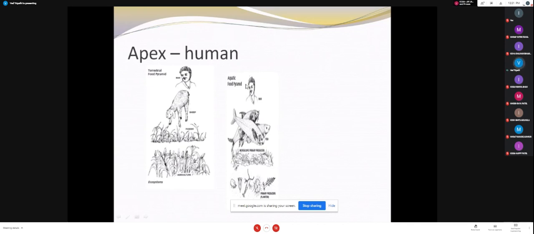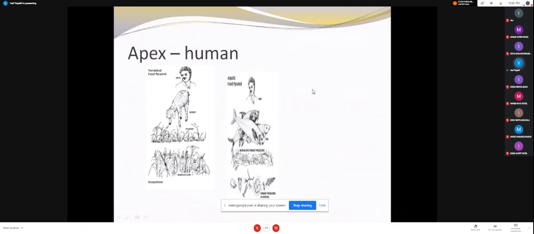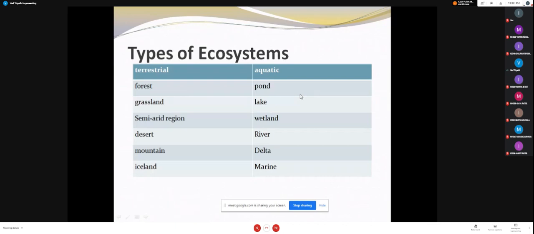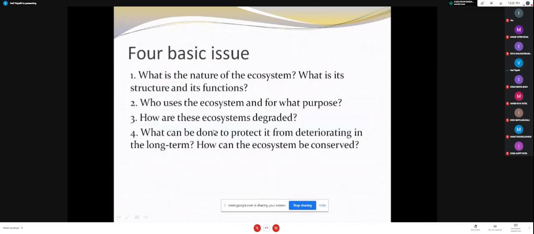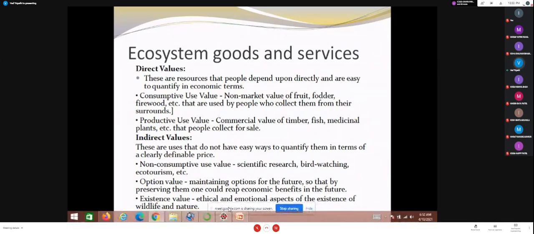For the aquatic ecosystems, we have smaller microorganisms, which are then eaten up by the smaller fishes, larger fishes, and ultimately by humans. There are some values that we derive from these ecosystems.